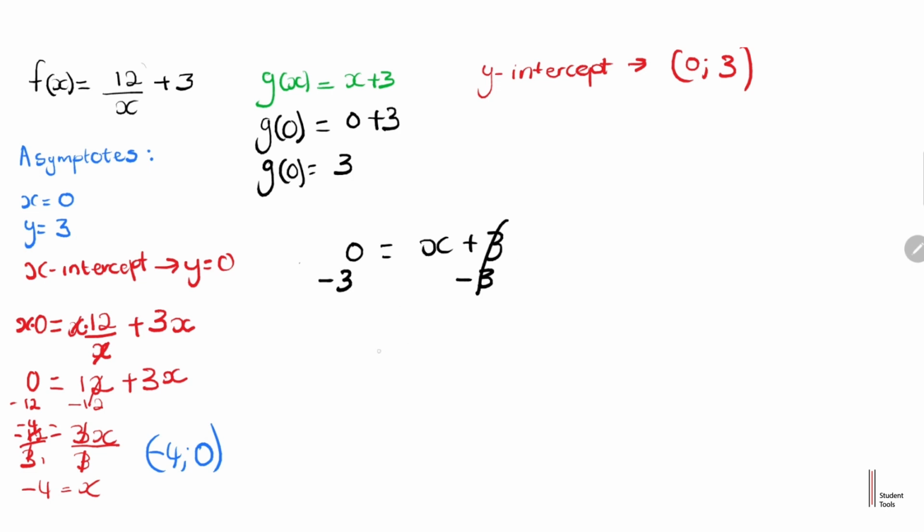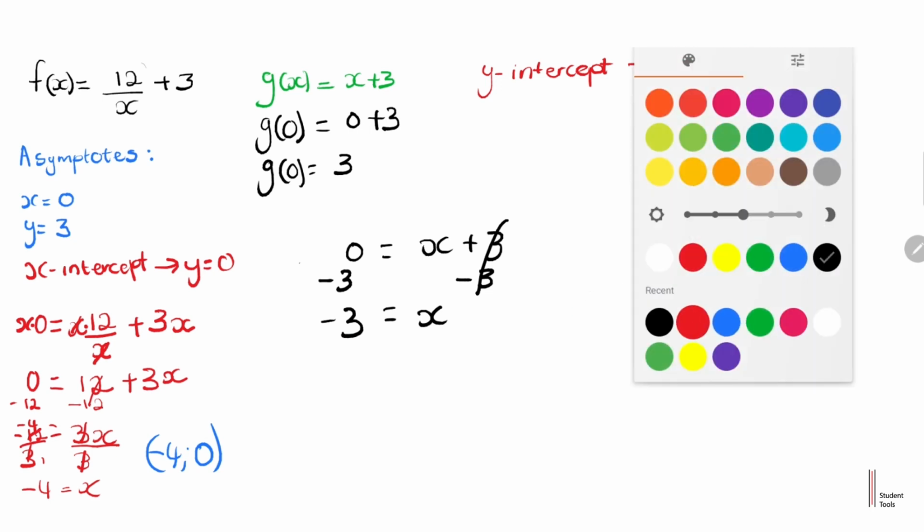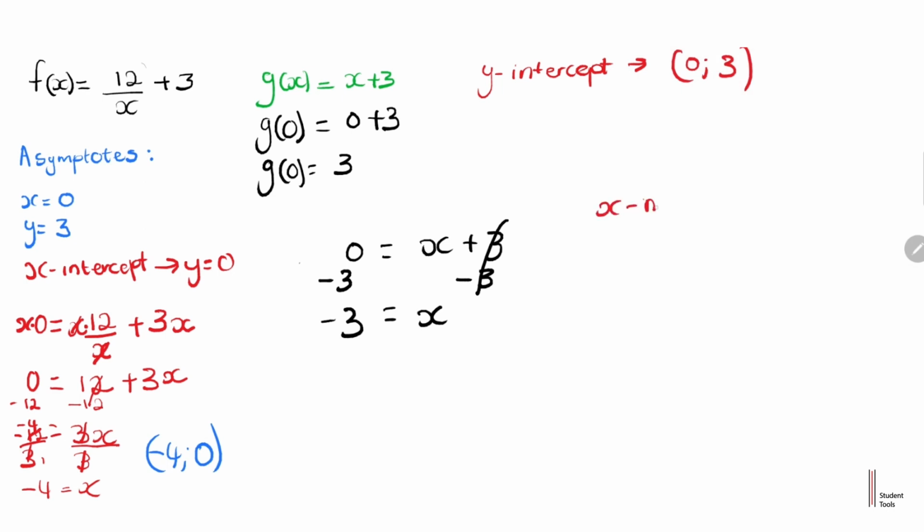This will be 0, such that x will be equal to negative 3. And that means the x-intercept will be (-3, 0).